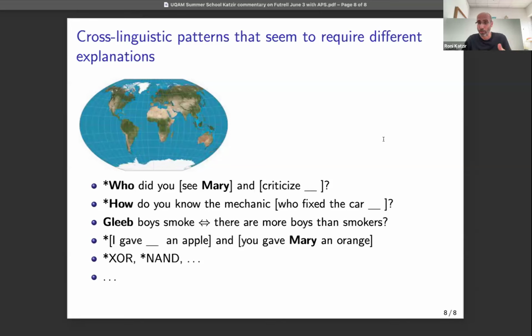Like the one that I mentioned earlier, that if you have a gap in one conjunct, you have a gap in both, or the fact that you can't ask a how question about a relative clause, which is universal across languages, or the fact that you cannot have a determiner, like a quantifier, "glebe", an imaginary thing like "every" and "some", that means more or less what the verb "outnumber" means. It's a very normal meaning to have, and the verb "outnumber" has it. But to our knowledge, there is no language where there is such a quantifier. "Glebe boys smoke," meaning there are more boys than smokers.